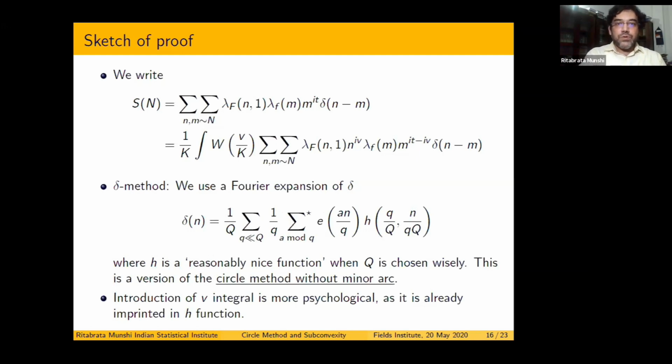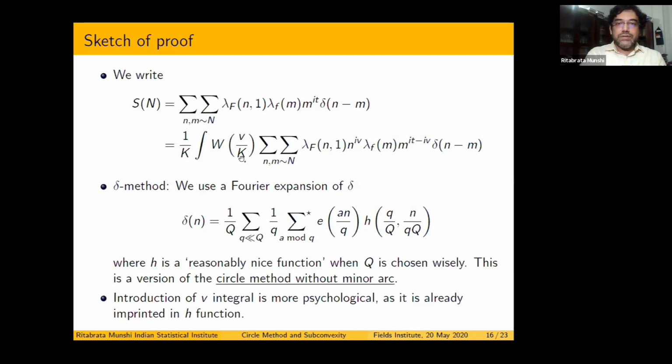I want to introduce the circle method to separate the oscillation of the Fourier coefficient of GL3 and the Fourier coefficient of GL2 clubbed with m to the power it. So I write S_n in this way, where delta(n minus m) is the Kronecker symbol. This is 1 when n equals m and 0 otherwise. So that's trivial. And now I want to introduce an extra integral over here.